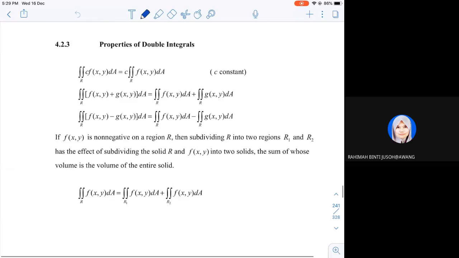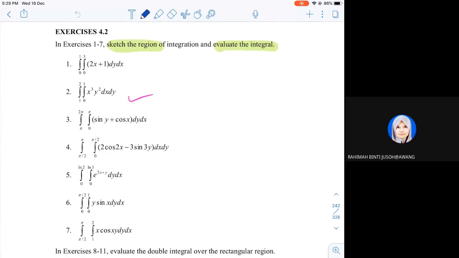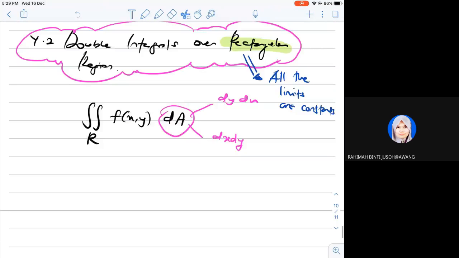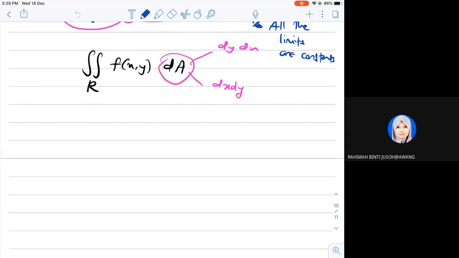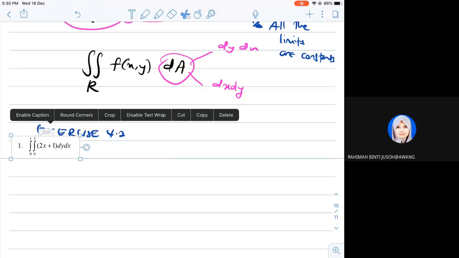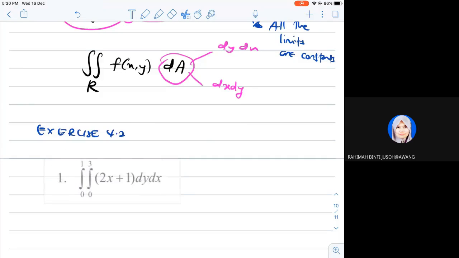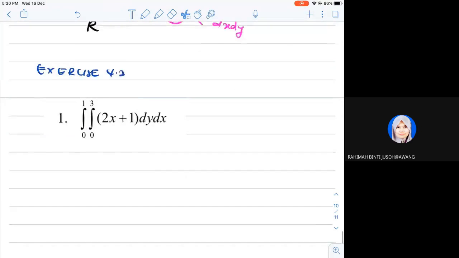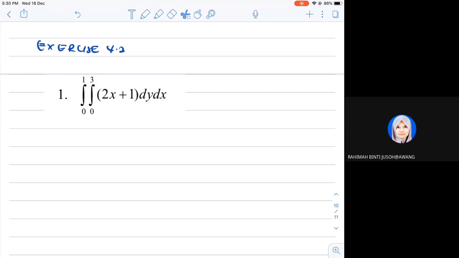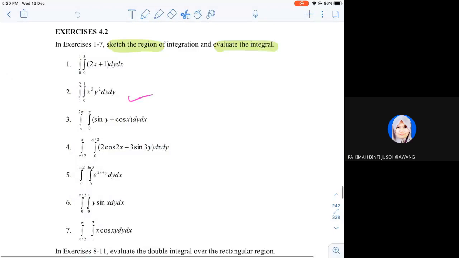So let us discuss exercise 4.2. I will start with the easiest one, question number 1. In this question, we need to sketch the region and evaluate the integral.